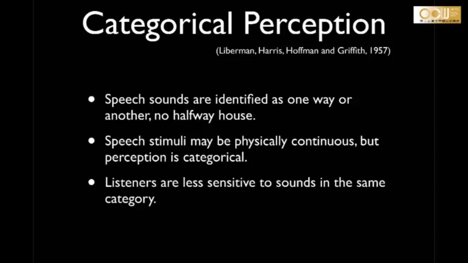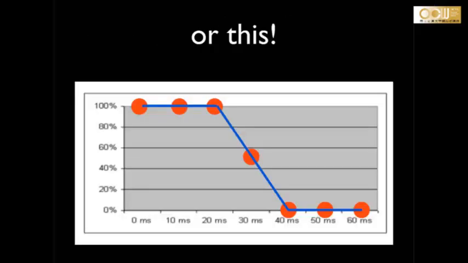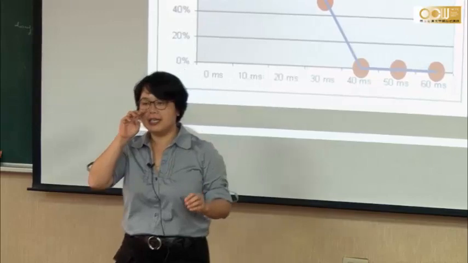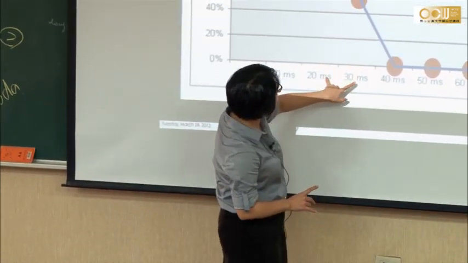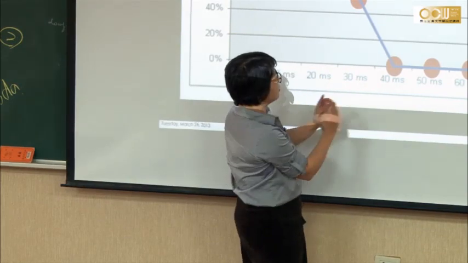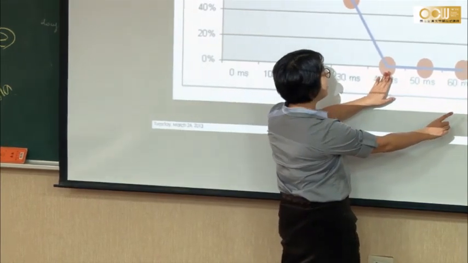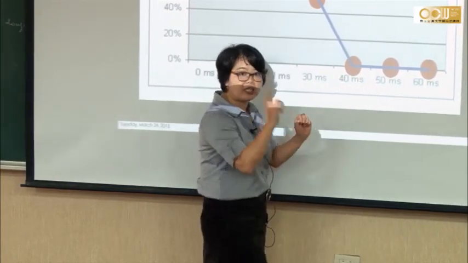And you're less sensitive to sounds in the same category. So what I'm saying is, if I play a sound that has a 40 millisecond VOT and another sound that's 50 millisecond VOT, and I ask you, do you think they're the same type of sounds or different? Let's compare this. If I play two sounds, one has 40 milliseconds, another has 60, that's one pair.